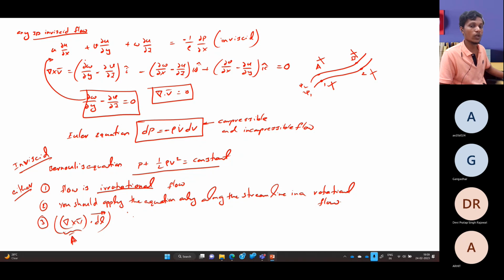It is quite complex, and I'm not going to go into this statement because it is also not discussed, but this third condition is also there.